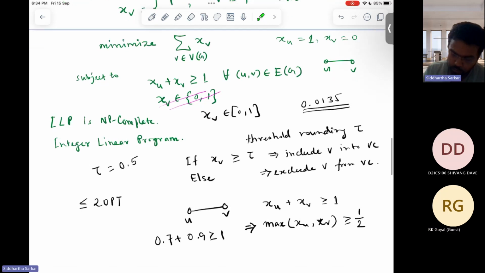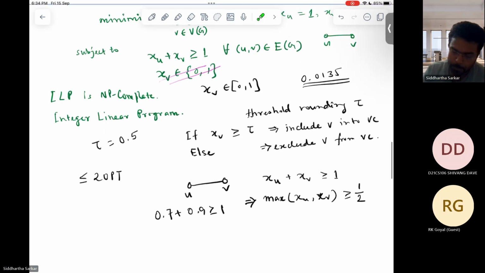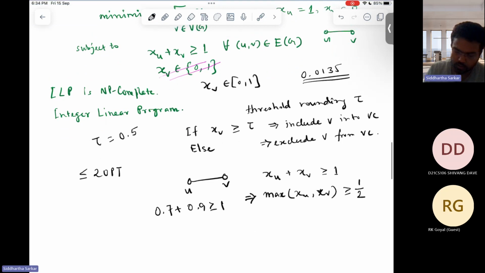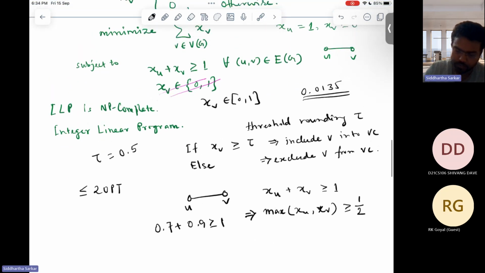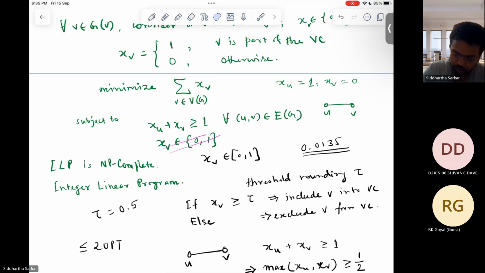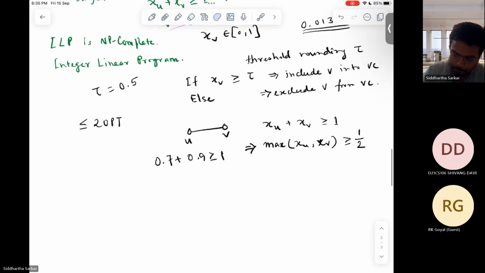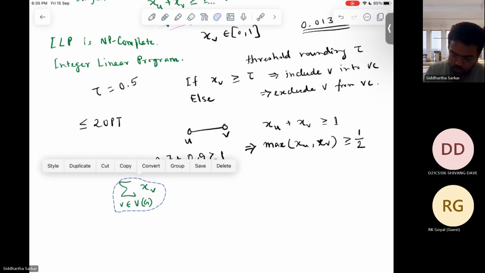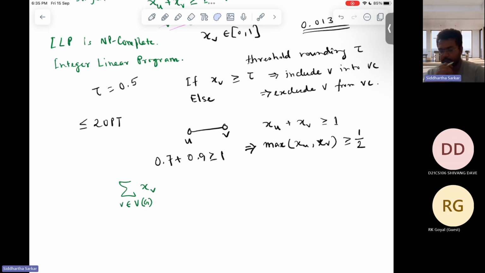So what else? Now we want to argue that we have a two approximation. So what is the sum? So this is the objective function. Let me just copy the objective function. So consider this sum. This is the LP sum.